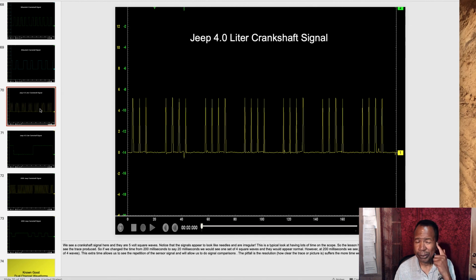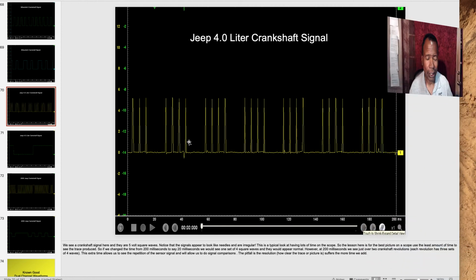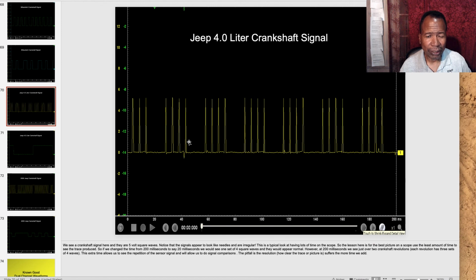Now this one is a Jeep 4.0 liter crankshaft signal. You see these 4 sets of needles here, but they're actually digital signal squirrel waves, and not a problem. What you're seeing is repetitive signals at a 200 millisecond time base. This will happen when you increase the time base.